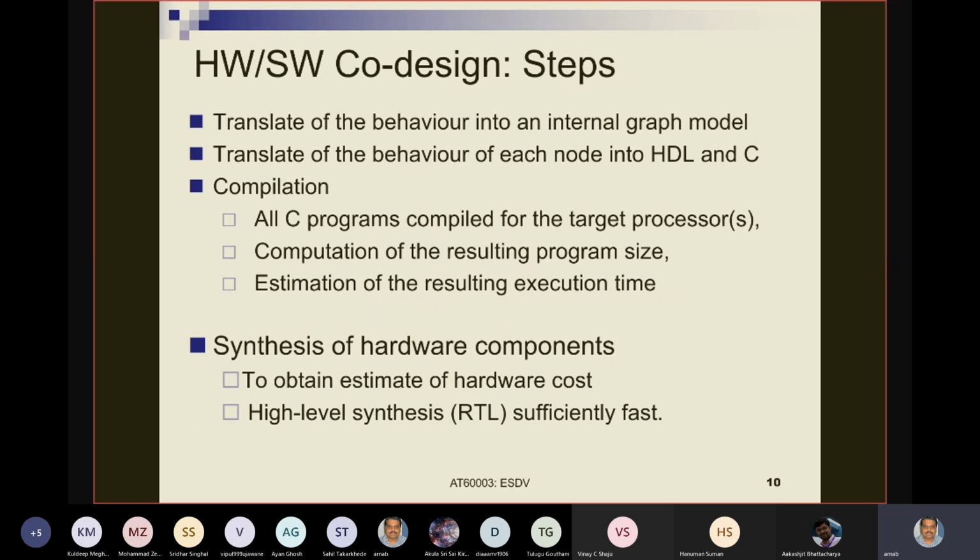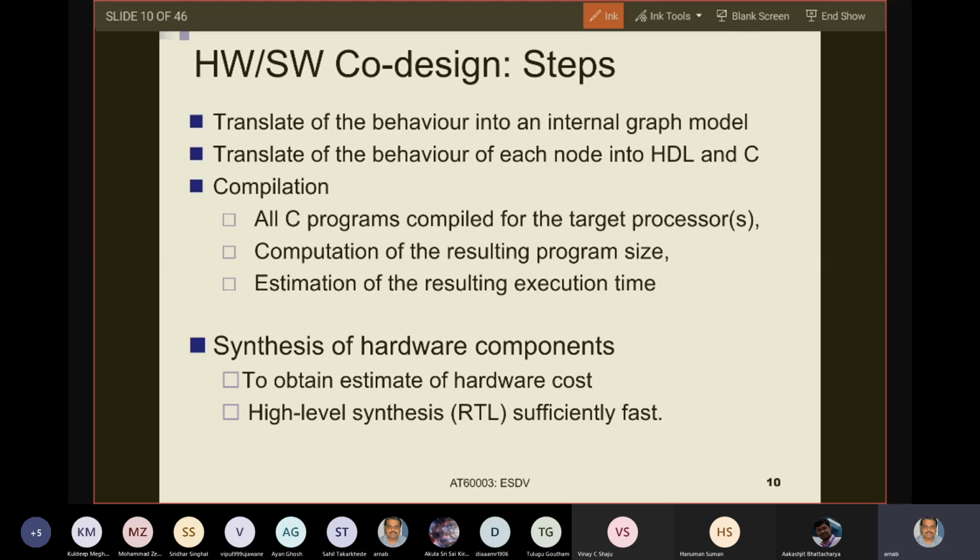Okay. So now to go into detail of what are the hardware software partitioning steps. As I told you, you obtain the internal graph representation or the model task graph. You translate the behavior of each node of this task graph into both C or Python, some high level software language, and a hardware description language.